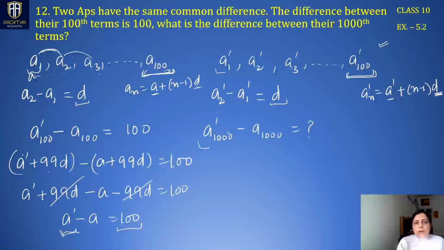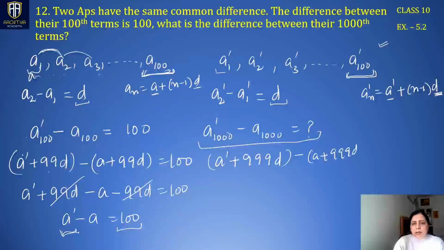Now we have to look for this. A' 1000 can be written as A' plus 999D. Then this A1000 can be written as A plus 999D. Right, now to solve this, I open these two brackets. A' plus 999D minus A minus 999D.